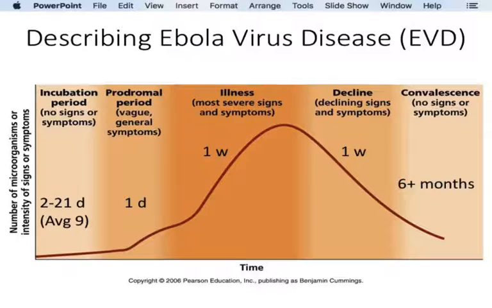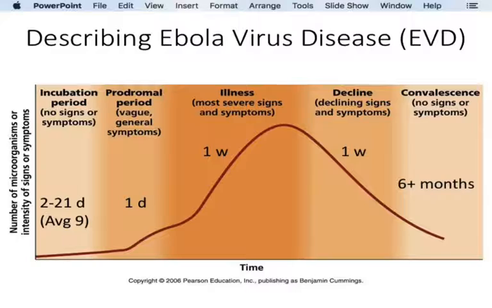And so there was this idea that, well, if there are no cases in 2 times the incubation period, 42 days, that's when we'll call the outbreak over. And that rule was pretty much followed, and I think the last number of cases occurred in early 2016.